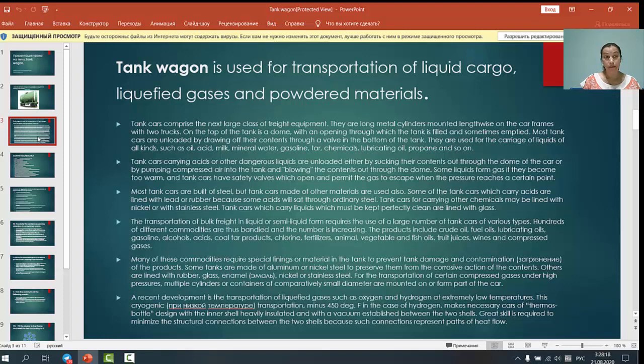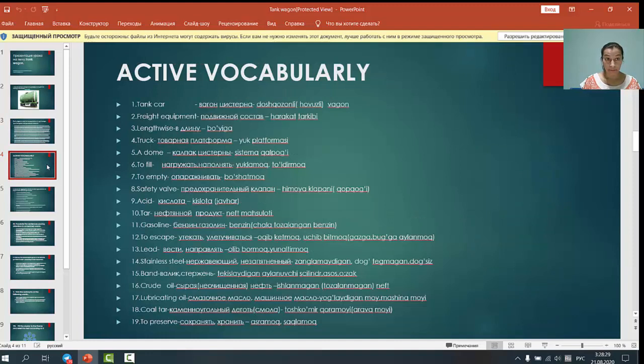Retelling helps us to assess the students. And the next is active vocabulary. This active vocabulary helps you to understand the text.